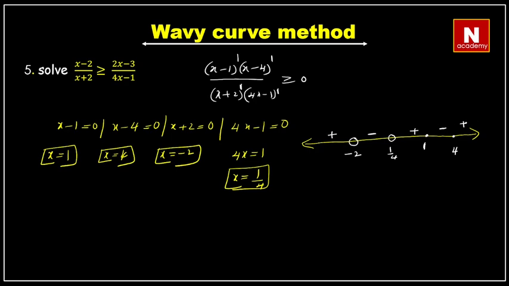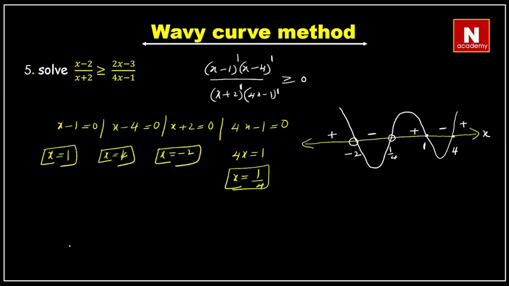Now the graph we are drawing: positive to negative, again negative to positive, positive to negative, and negative to positive. Now here greater than or equal to 0 is the required solution. We have to identify the required region. Greater than or equal to 0 means positive. Positive means the graph is above the x-axis.